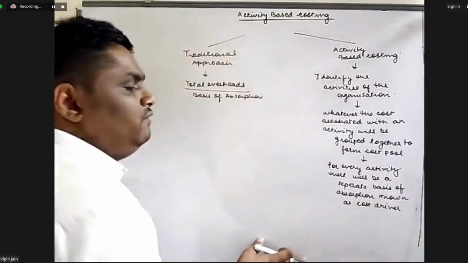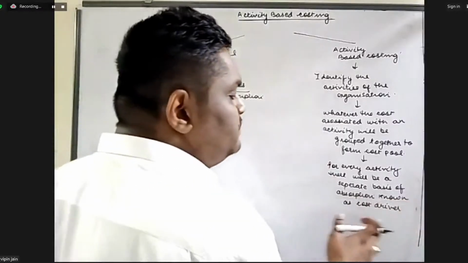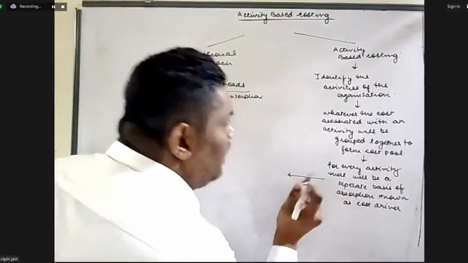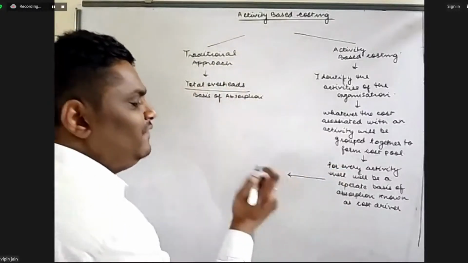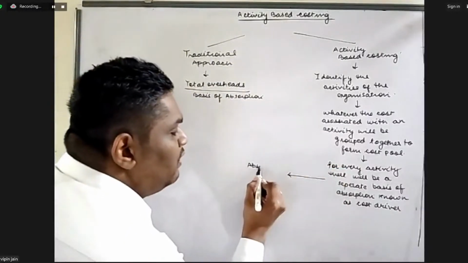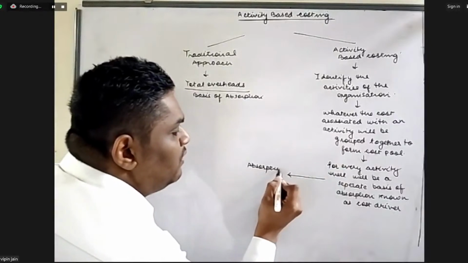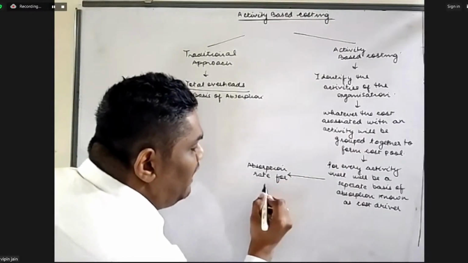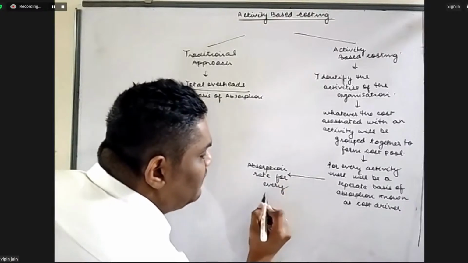For every activity there will be a separate basis of absorption known as cost driver. So once the cost drivers are identified, we can easily calculate the absorption rate for every activity.